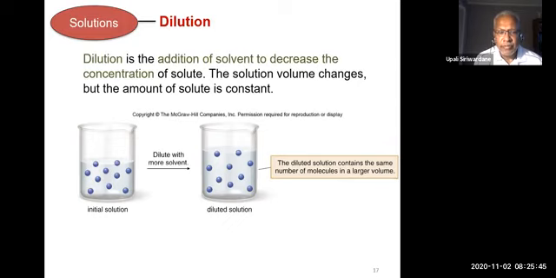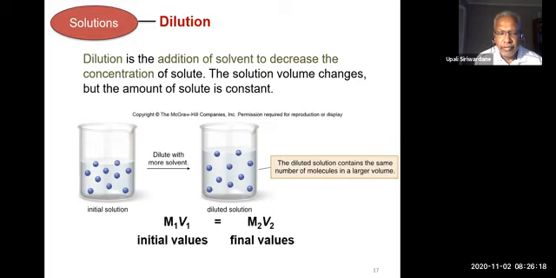So therefore, volume times molarity is constant in both solutions. Initial molarity times initial volume is equal to the molarity of the second, dilute solution times the volume of the second, dilute solution.